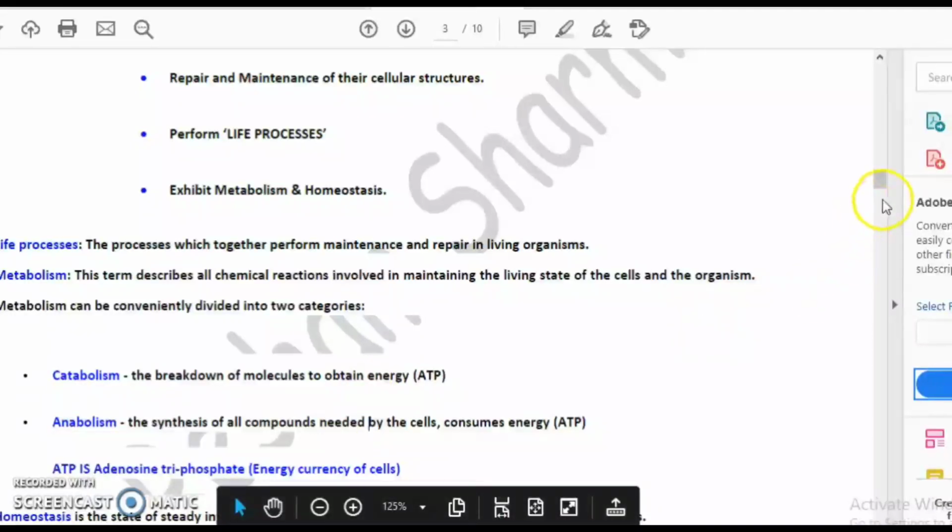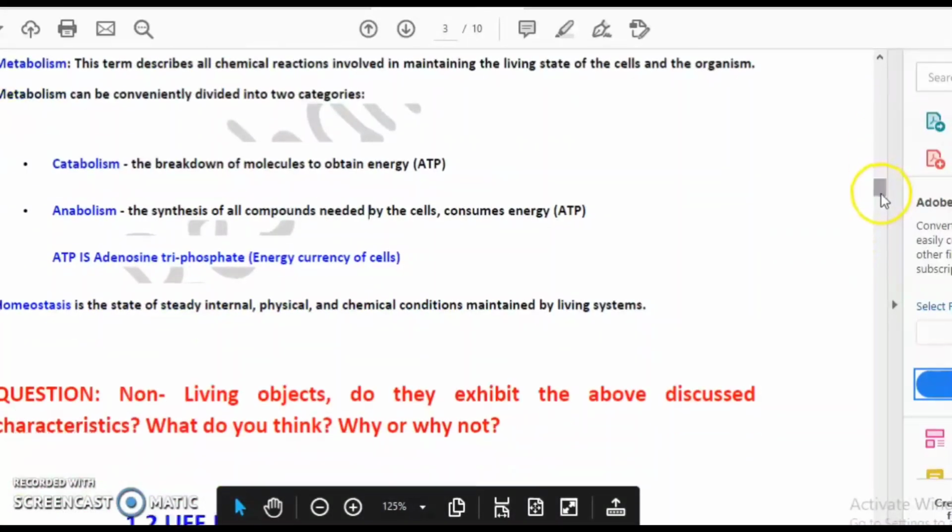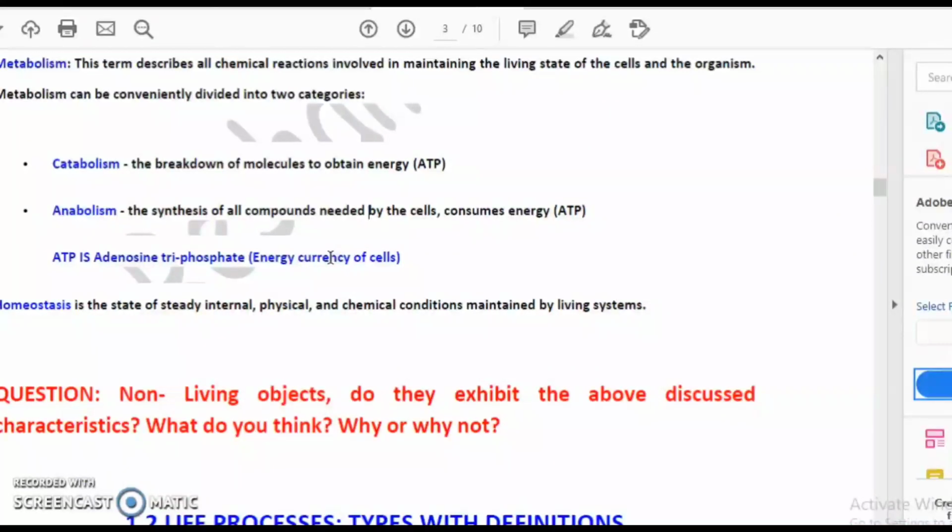And what is homeostasis? Homeo means like, same, with very little change. And stasis means stable. So this is the state of internal balance, that within a living cell, within a living system made up of a single or many cells, there is a steady state of physical and chemical reactions and conditions.